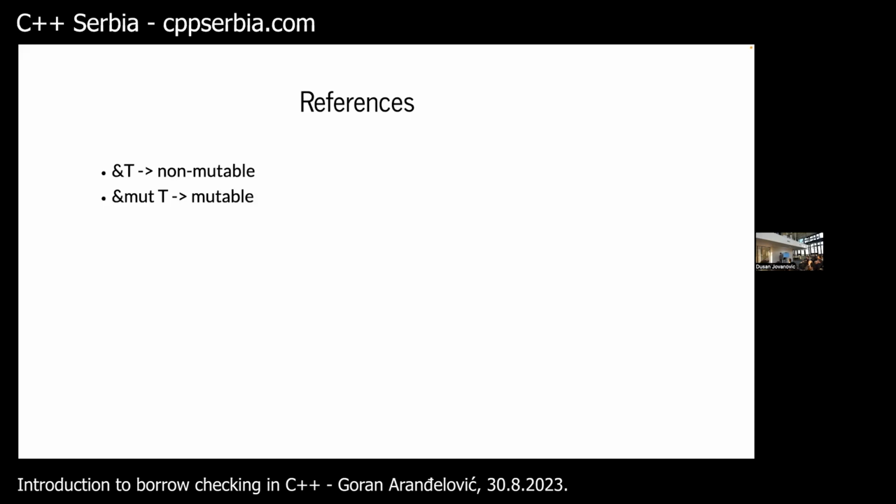And of course, in C++, we have counterparts, sort of. We have const references, references to const objects, and references to non-const objects. But we will see that in Rust they're a little bit more powerful and tied to the compiler itself and to some compiler checks.